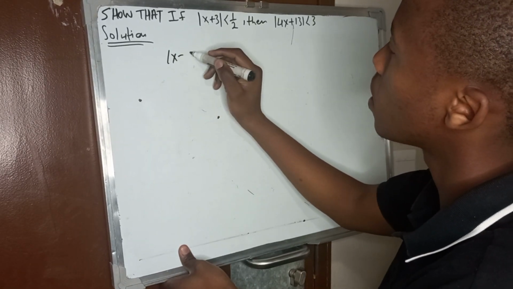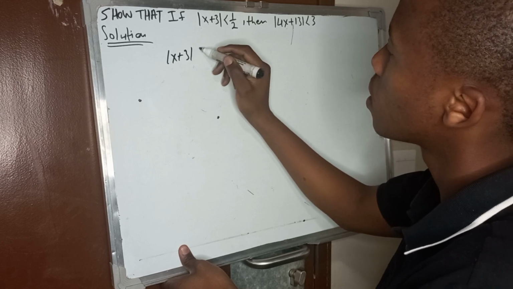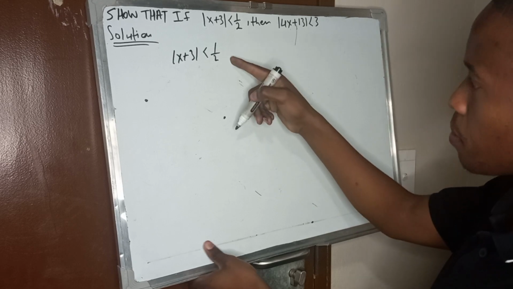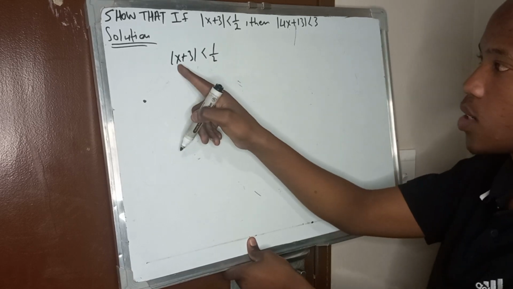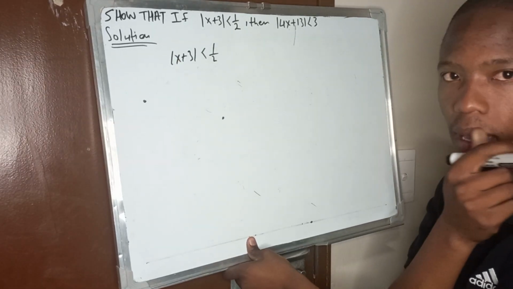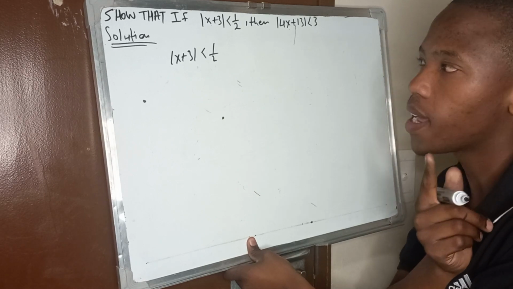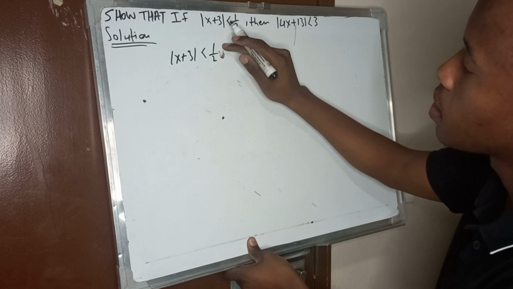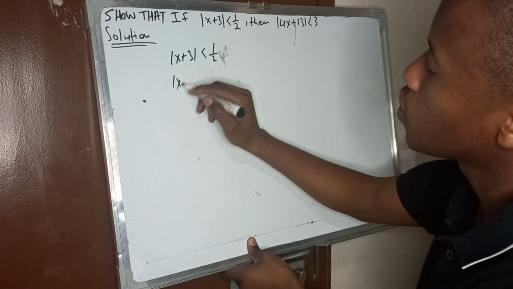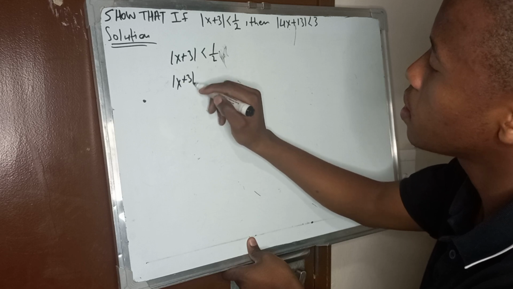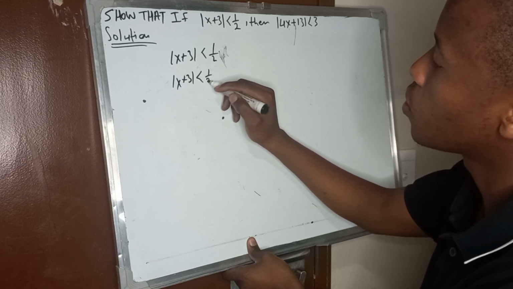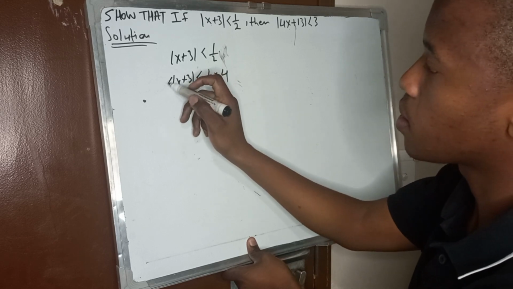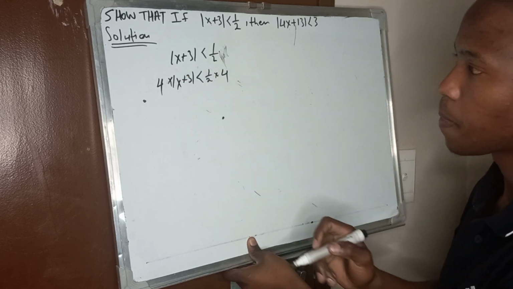Absolute value of x plus 3 is less than 1 over 2. Because we want to have 4x, we need to multiply by 4 on both sides: the absolute value of x plus 3 is less than 1 over 2 times 4. What is done on the left should be done on the right.